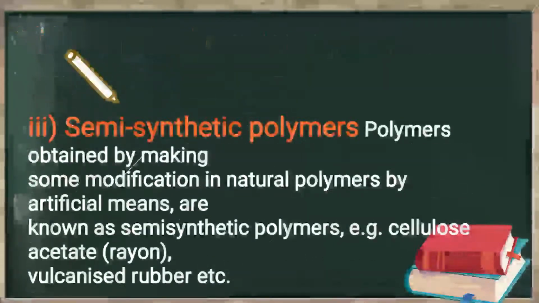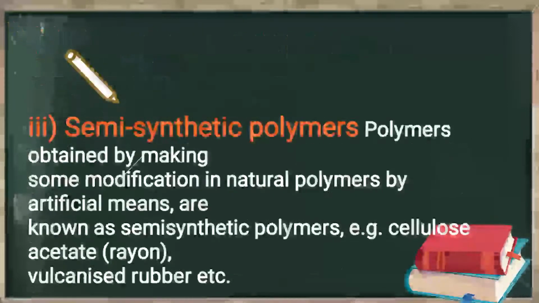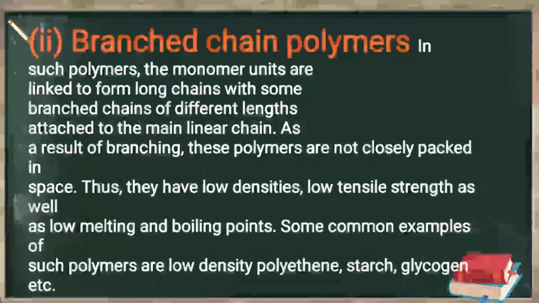Second one is branched chain polymers. In such polymers, the monomer units are linked to form a long chain with some branch chains of different lengths attached to the main linear chain. Here we have only one main linear chain and some branches hanging here and there from that long linear chain.